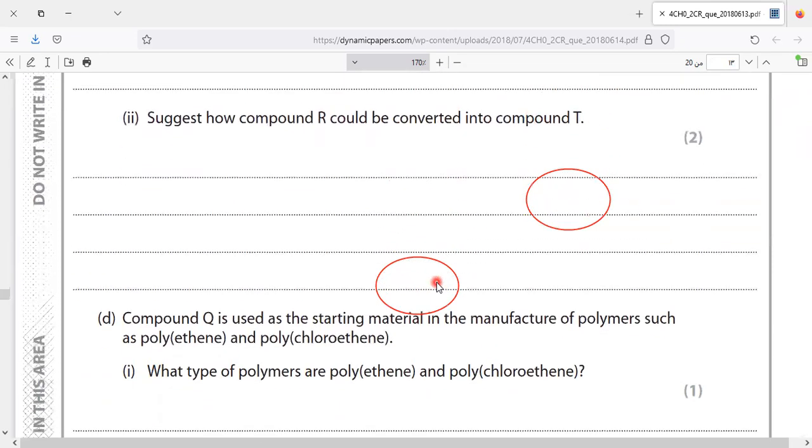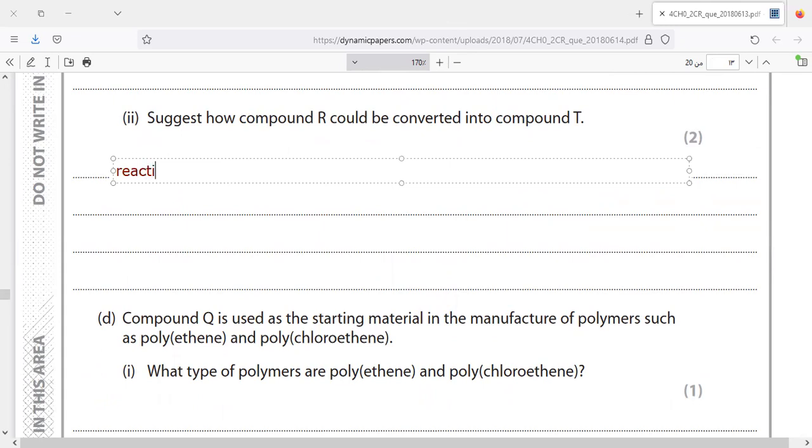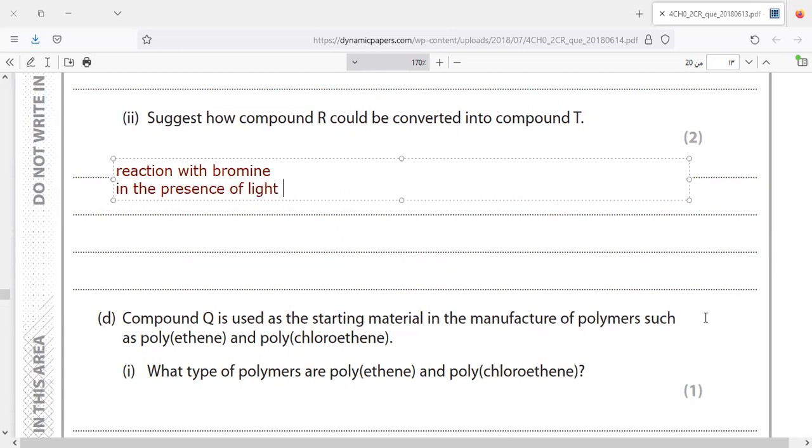The reaction must be in the presence of light. So here, guys, reaction with bromine, 1 mark, in the presence of light, 2nd mark.